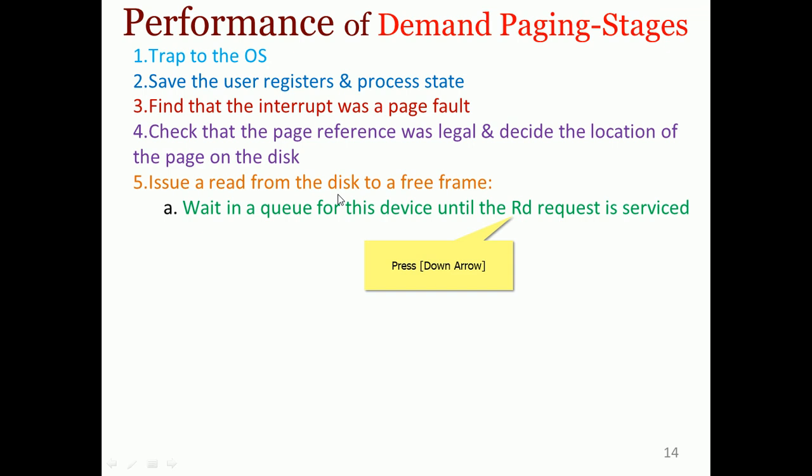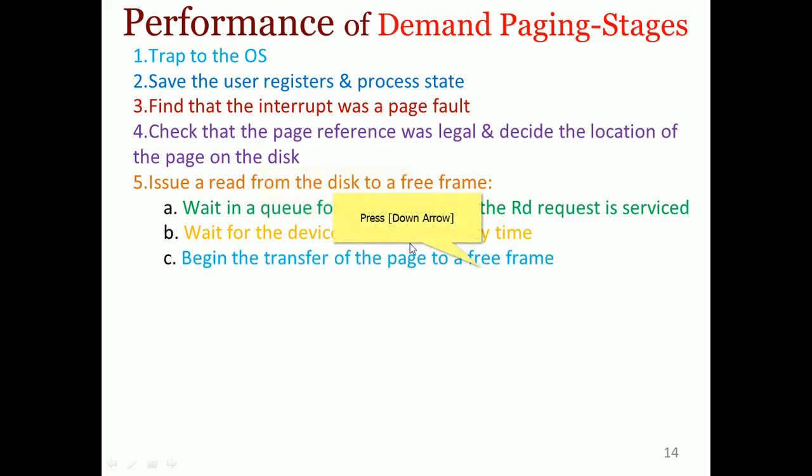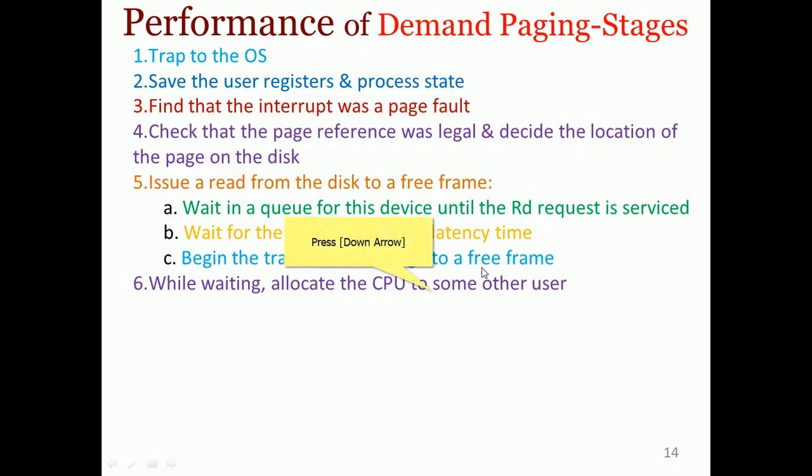Wait in a queue for the device until the read request is served. Wait for the device seek and latency time. Begin the transfer of the page to the free frame. While waiting, allocate the CPU to some other user.